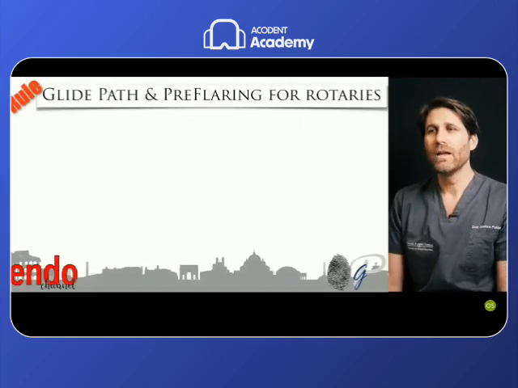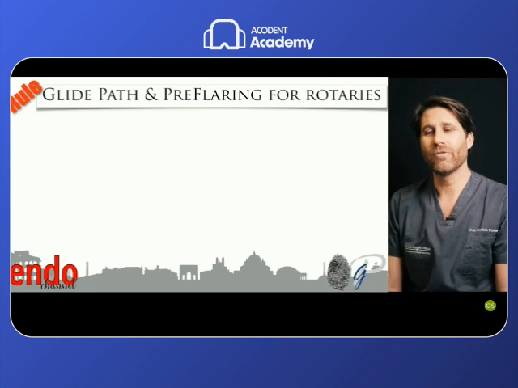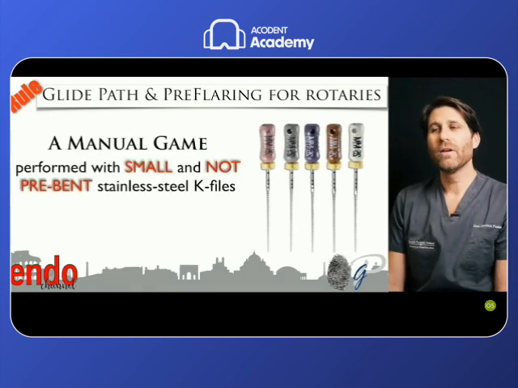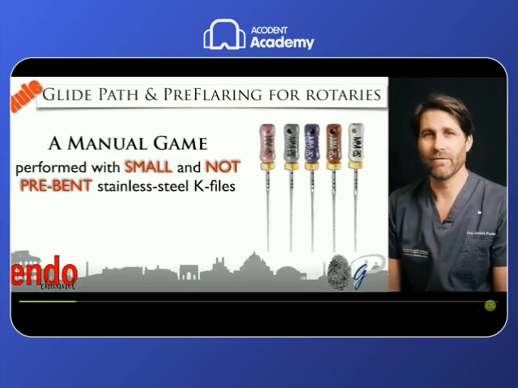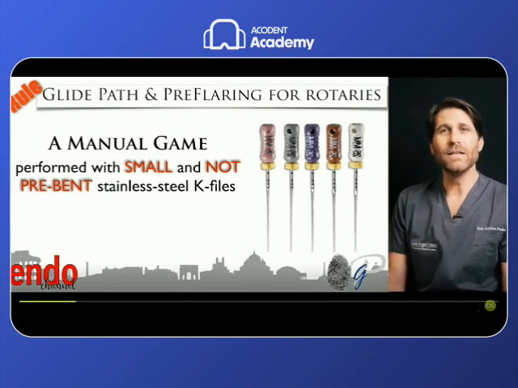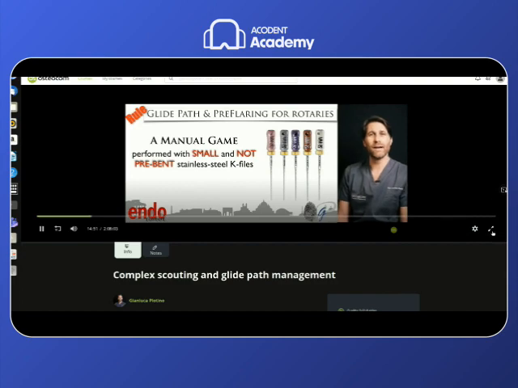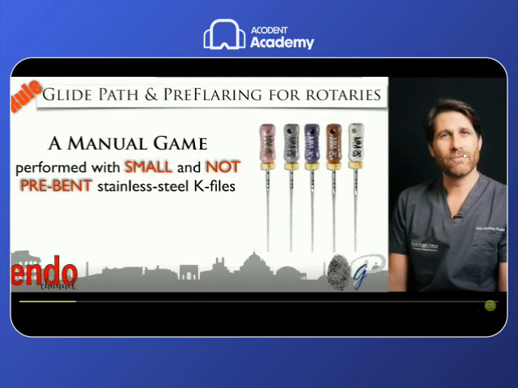So the rule in glide path and preparation for rotaries is always a manual glide path performed with small and non-pre-bent stainless steel K files. The glide path is usually prepared up to a size 10 instrument, as per the definition.